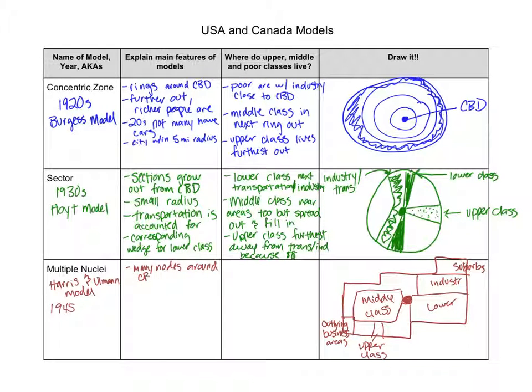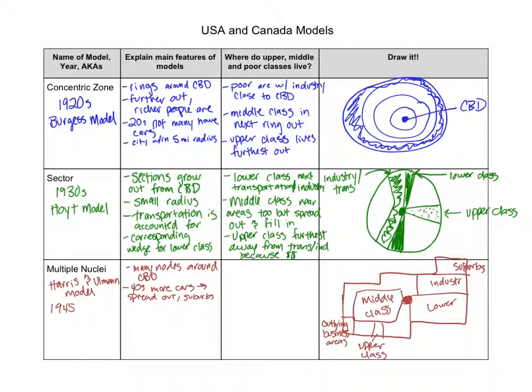So if you think about this time period with the 40s, people are starting to have more cars at this point. And so this is really the first time that we start to see people spread out. So our first suburbs really start happening here. Here we go, spread out suburbs, right? So the first suburbanization is happening here.